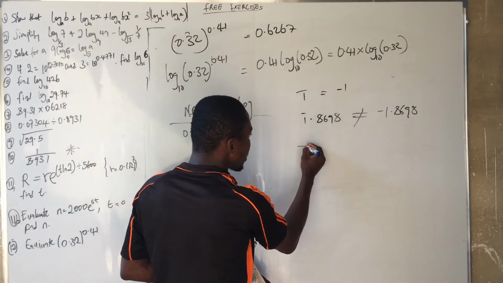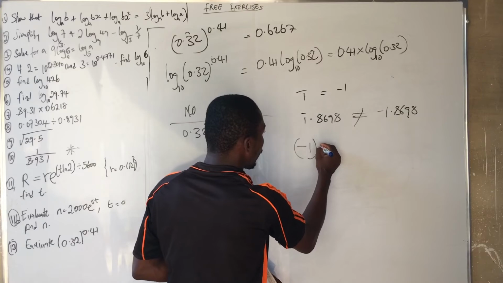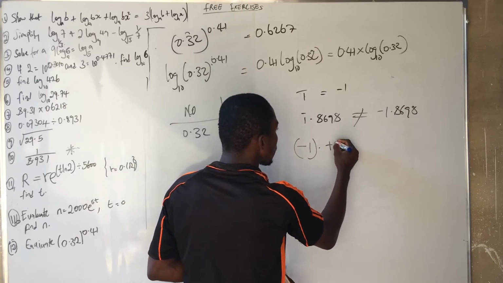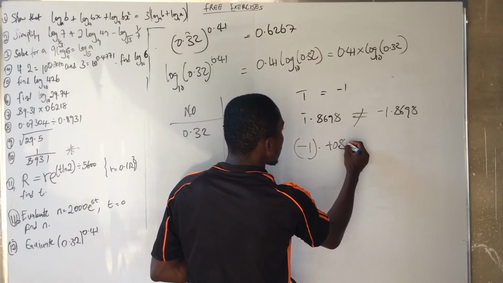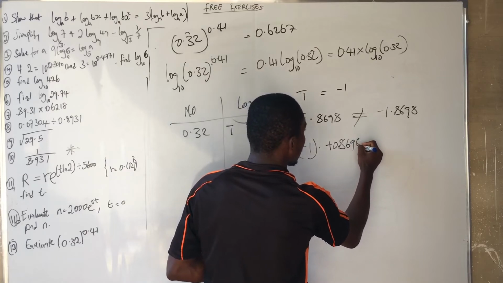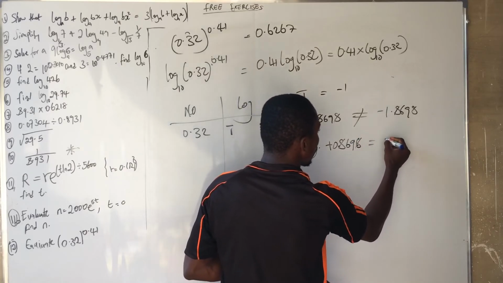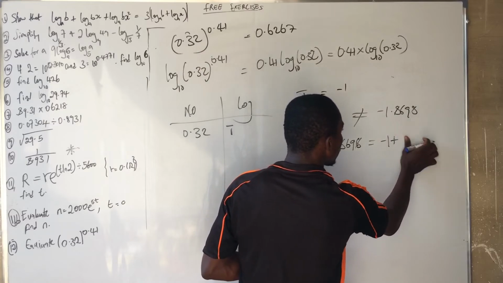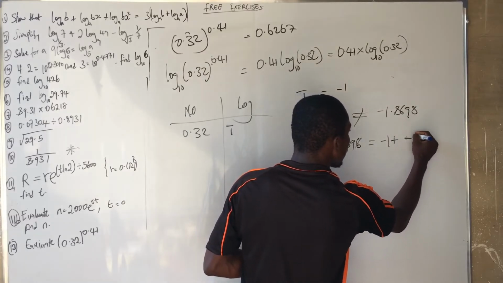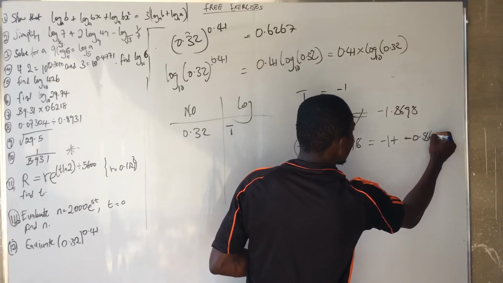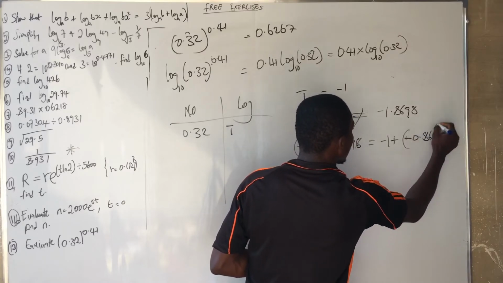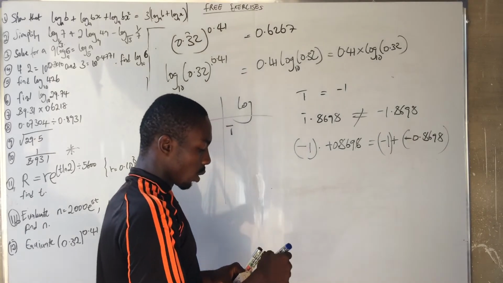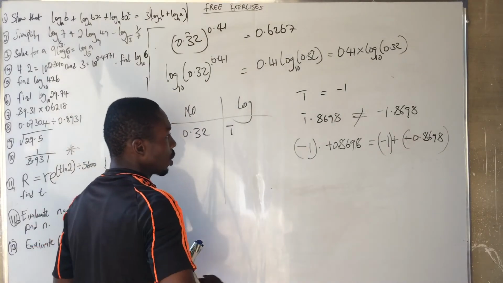This one now is negative 1 plus 0.8698, but this one is negative 1 plus 0 plus negative 0.8698. They are not the same. So that's what we're going to be using here.